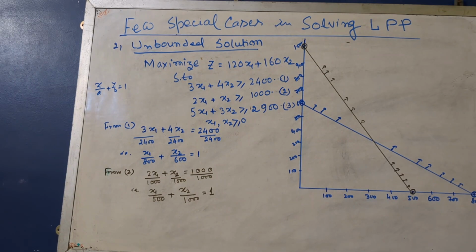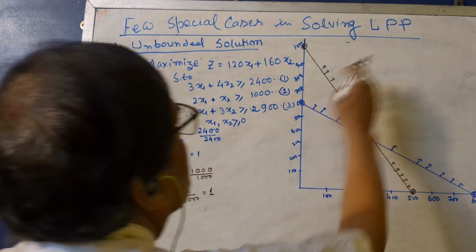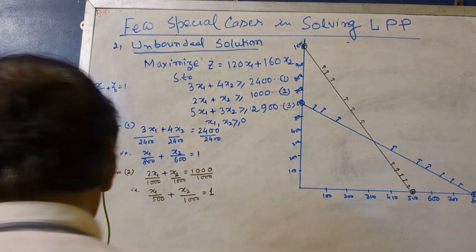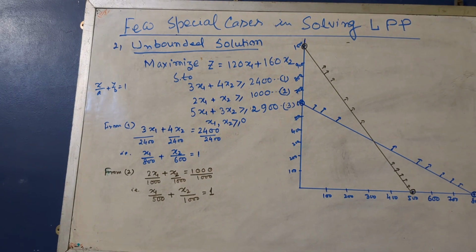Okay. Now, third constraint. I am taking this constraint in this place as we have not sufficient space.